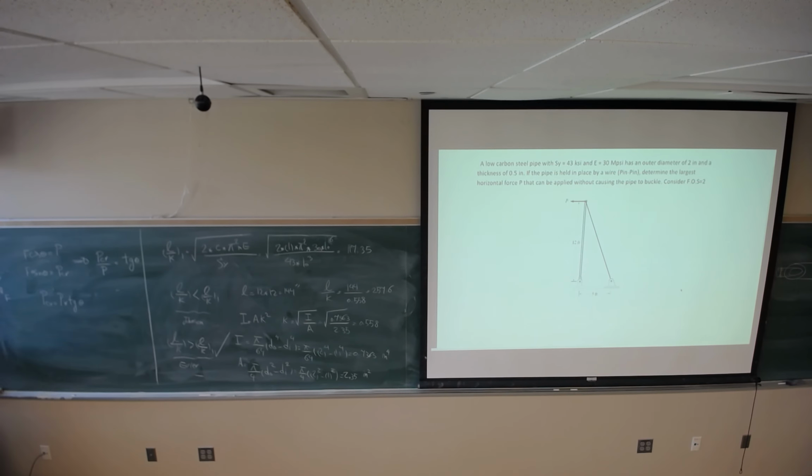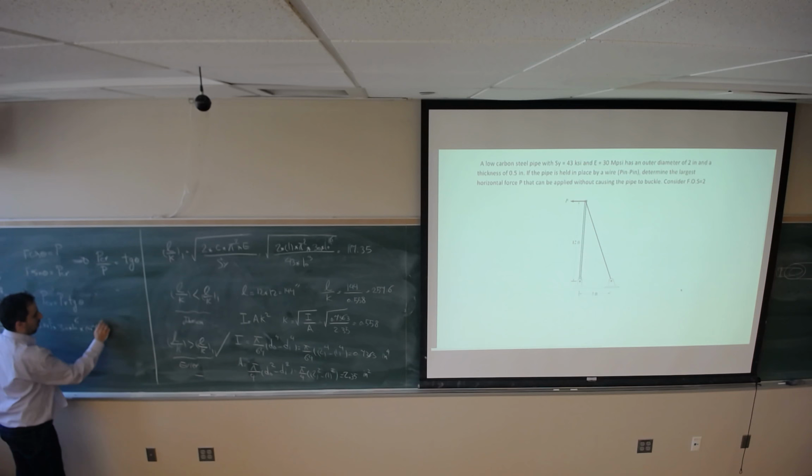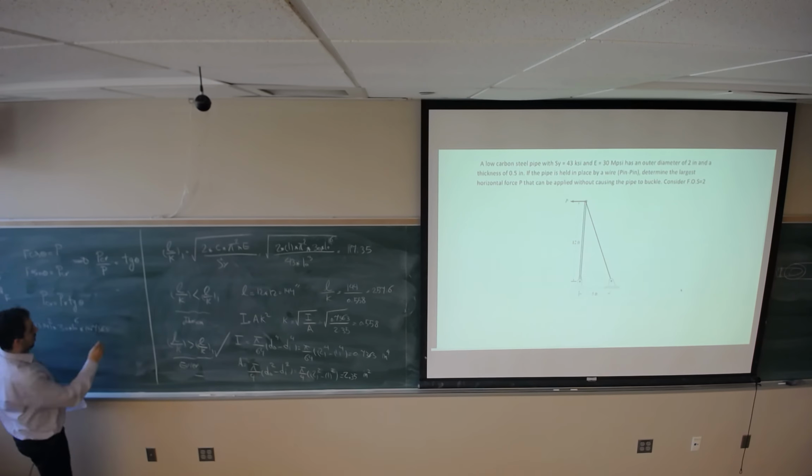In the Euler criterion, P theoretical was C pi squared E I over L squared. C is 1, pi is 3.14, E is 30 times 10 to the power 6 psi, and I is 0.7363. Pi should be squared, yes.